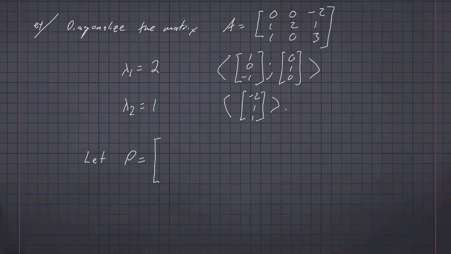So we will construct 1, 0, negative 1, 0, 1, 0, and negative 2, 1, 1, giving us a 3 by 3 matrix. In order to diagonalize, we need both P and P inverse.